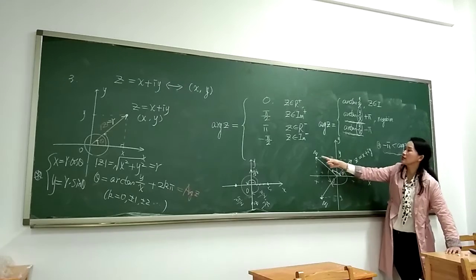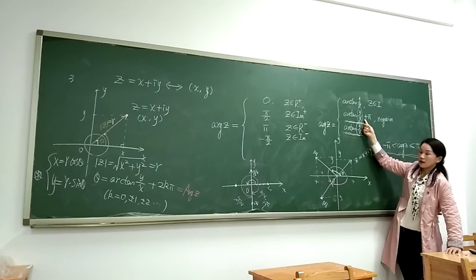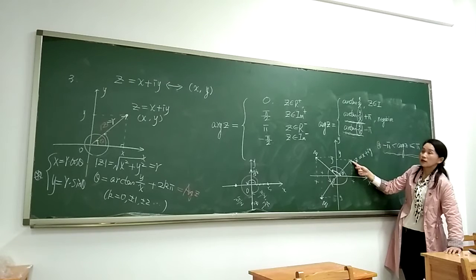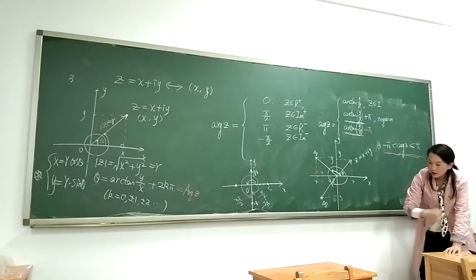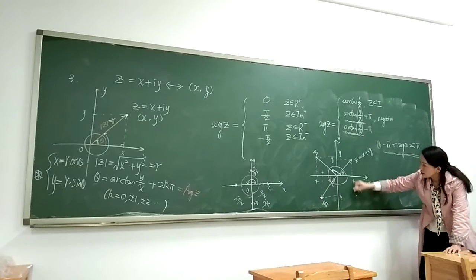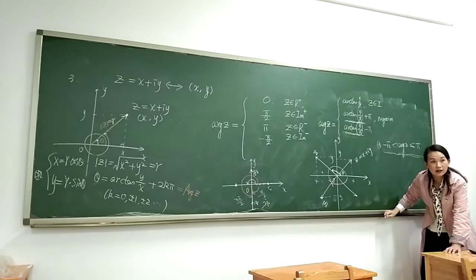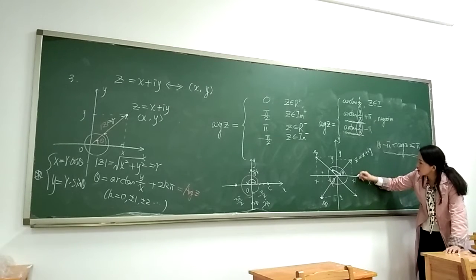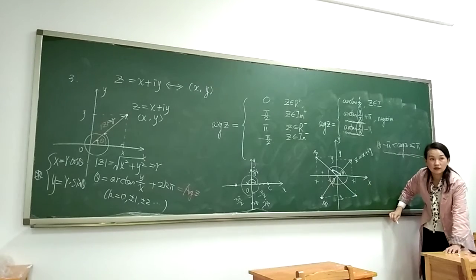If they belong to the second quadrant, it's this one. The first quadrant is this one. Okay, the last one. If they belong here, okay, this is z. Please tell me, x is positive, y is negative.